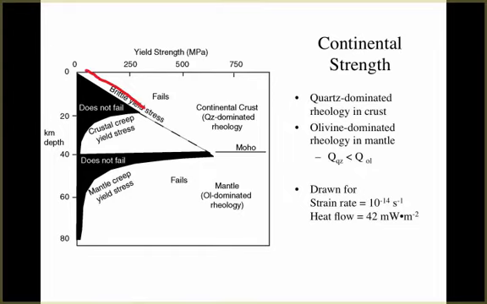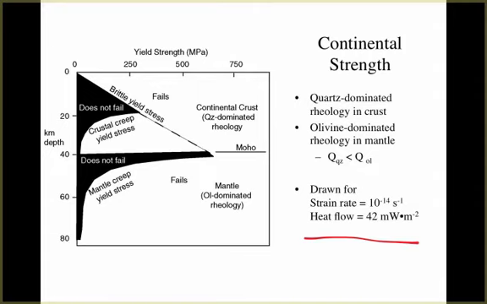And that's where quartz starts to weaken, and we see the decrease in strength to the Moho, at which point the olivine-dominated mantle rocks are quite strong again, to a certain point, where temperatures are high enough that it weakens olivine, and those rocks weaken. That's giving us this Christmas tree diagram. And these are drawn for a particular strain rate and heat flow.